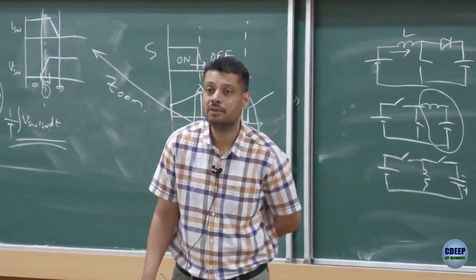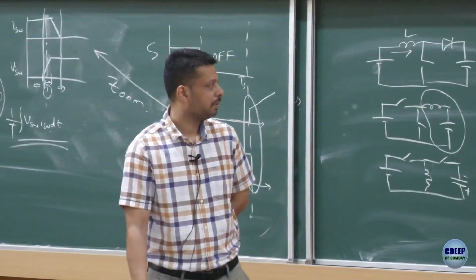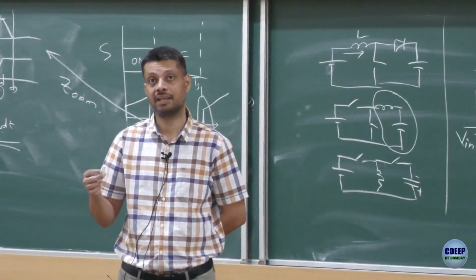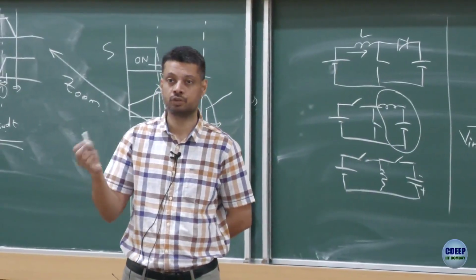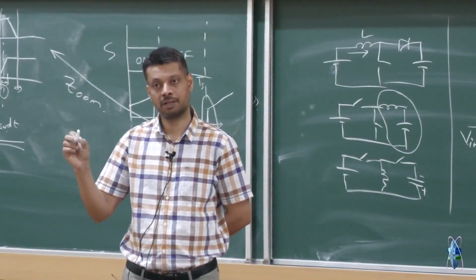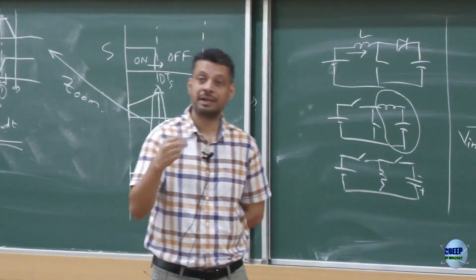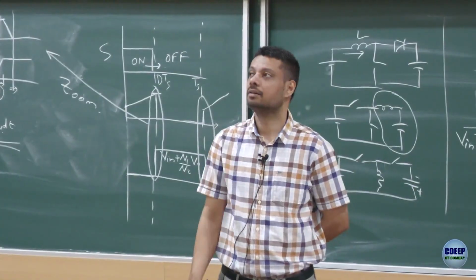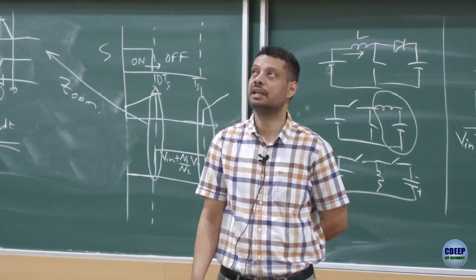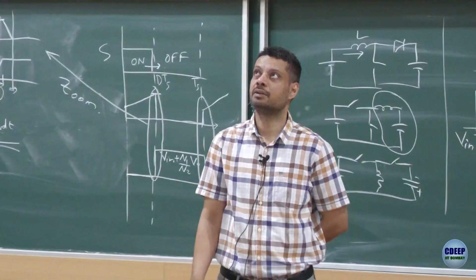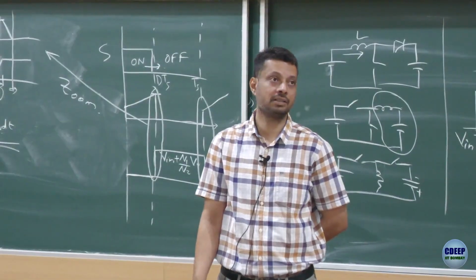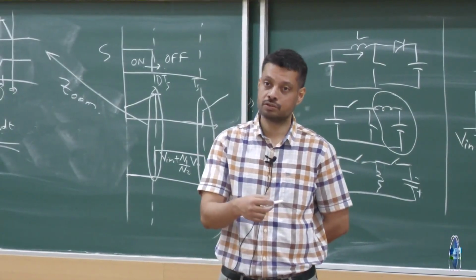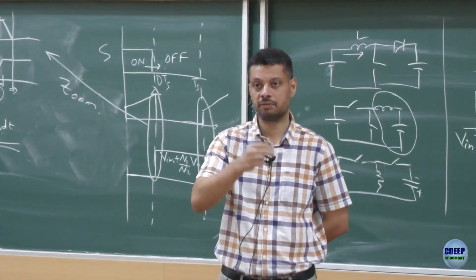Why does it have better efficiency? It goes back to comparing a boost with a buck boost: for the same output power, you would get better efficiency if you use a boost than a buck boost. I will give you an example. Let's say I want you to create 400 volt output from a 350 volt supply. If you use a regular boost, you have to boost only 50 volt, 350 to 400.